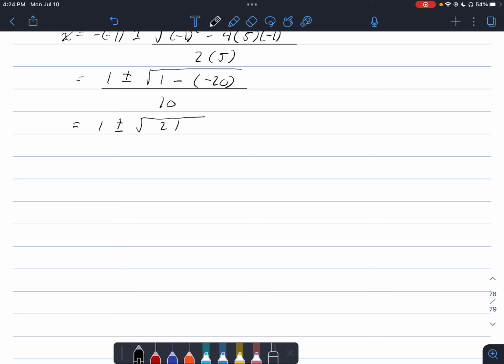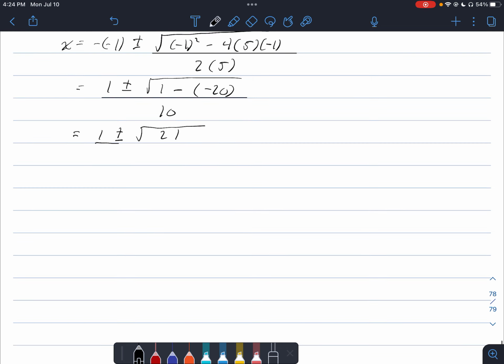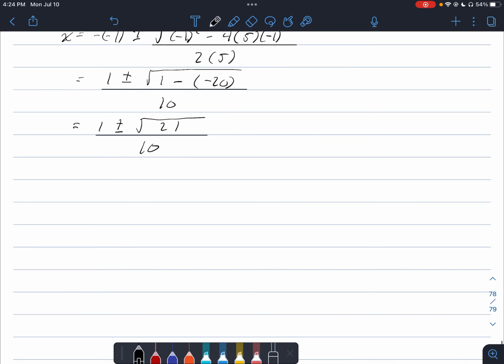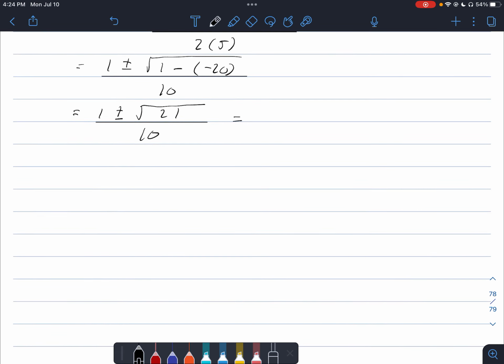So because 1 minus a -20, that's 1 plus 20. So we get 21. All right. This will all be over 10. Or we can get 1 over 10 plus the square root of 21 over 10, and then we also have 1 over 10 minus the square root of 21 over 10.